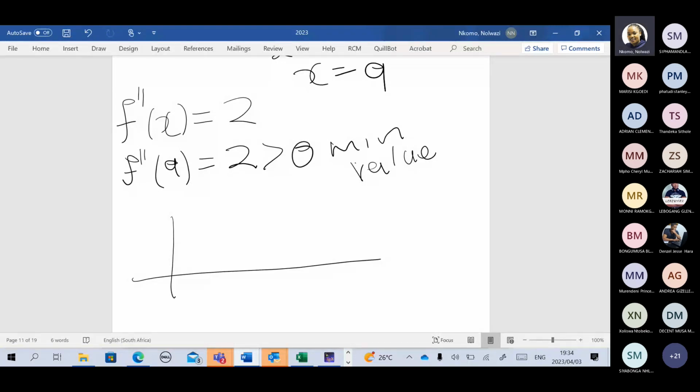At x equals 9. What do we get if we substitute 9 there? Like our f at 9. We get something like, okay, this is the minimum value. We get something like this, right?